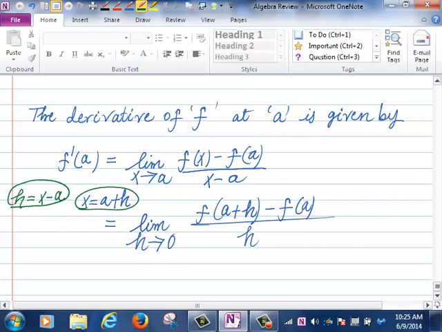Now we say that f is differentiable at a if this limit exists. If the limit doesn't exist, then we say that f is not differentiable at a.